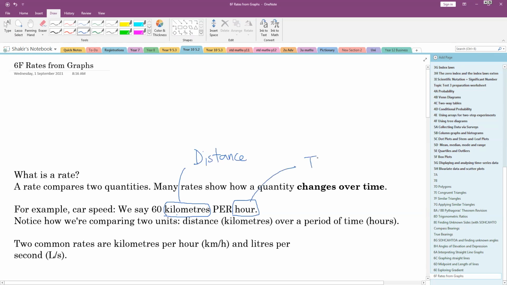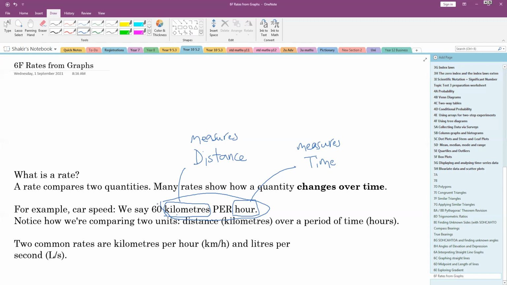And that's time, which measures time. So kilometers measures distance, hour measures time, and your speed is a rate which is comprised of both. A rate comprises two different units of measurement, and we're comparing them with each other.